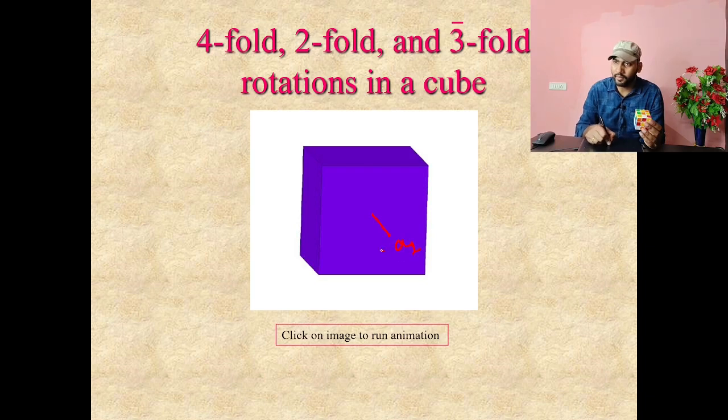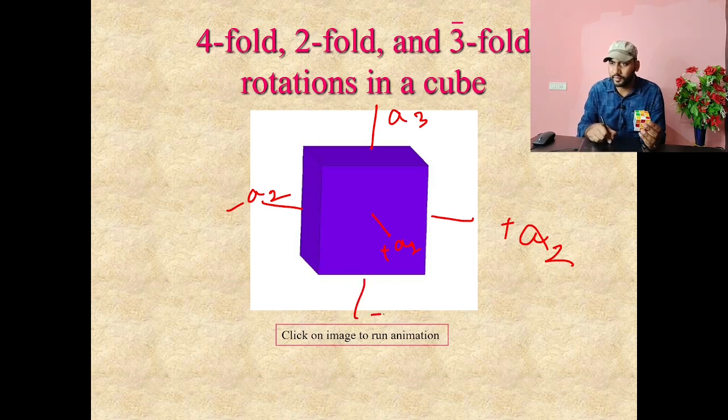Positive A1 is the front side and negative A1 is the back side. Then A2 is right to left. This is right side for me, and left. Then this is A3 and minus A3. So A1, A2, A3 are the three crystallographic axes, equal in length.